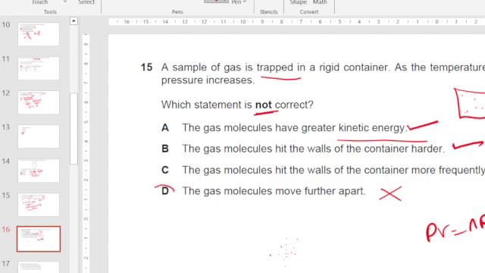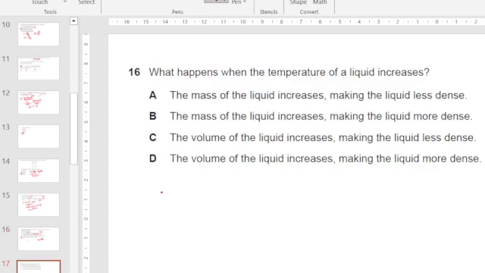So for this question, option D is the answer. And the 16th question, what happens when the temperature of the liquid increases? As the temperature of the liquid increases, again I am taking my ideal gas equation.